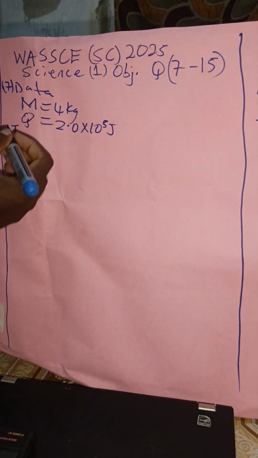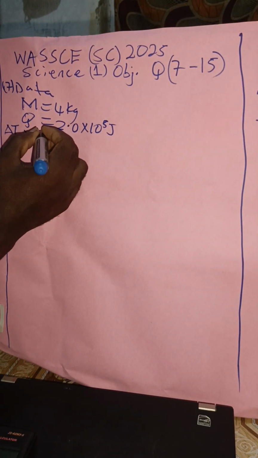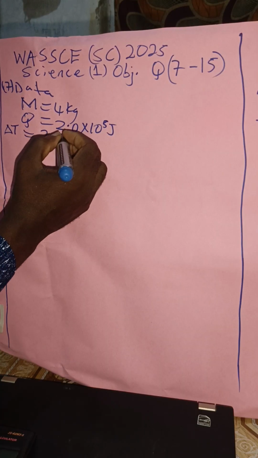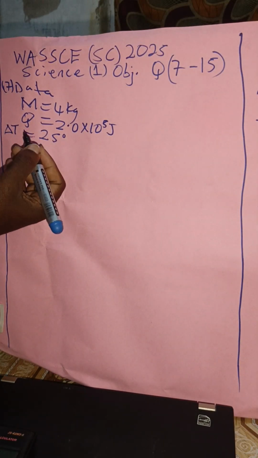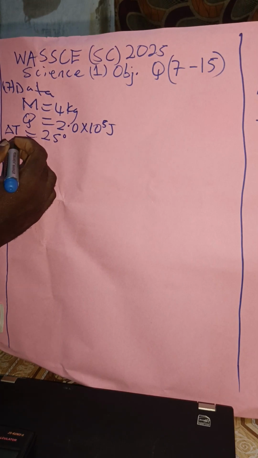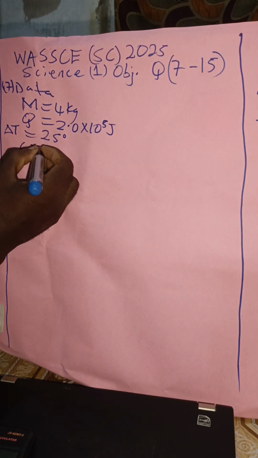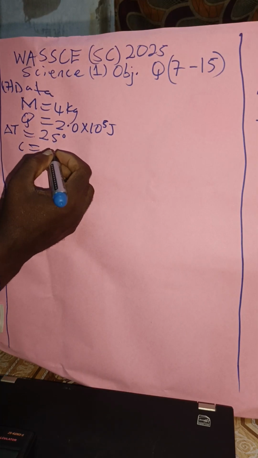So we are going to use it as 25. Calculate the specific heat capacity. For specific heat capacity, we can use SHC or C to represent it.